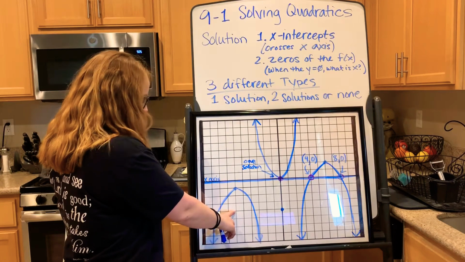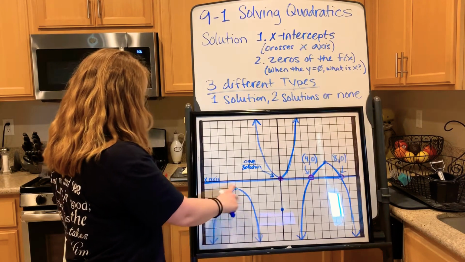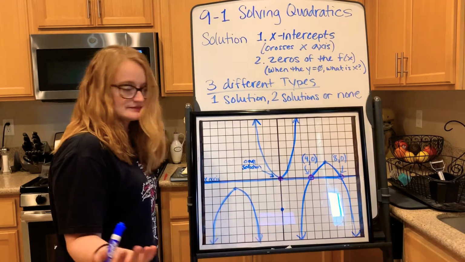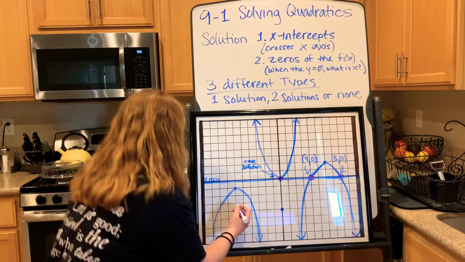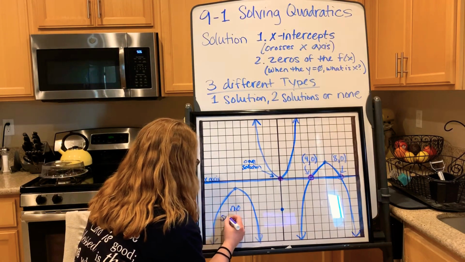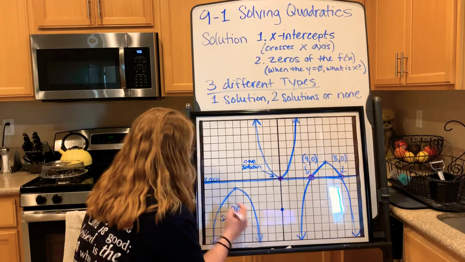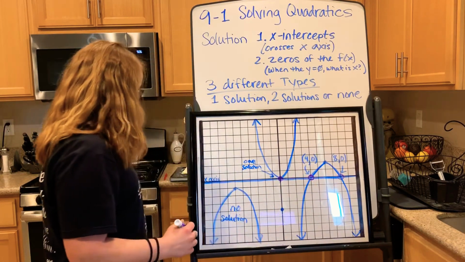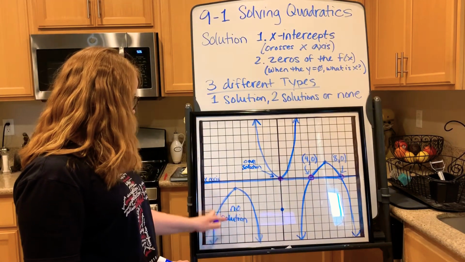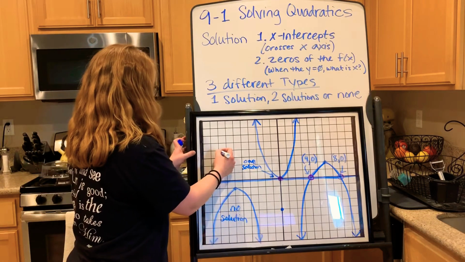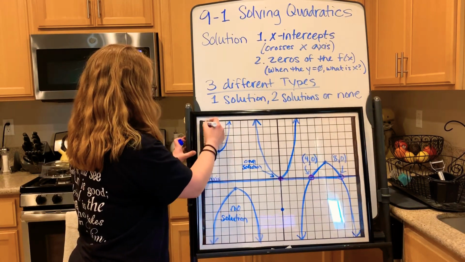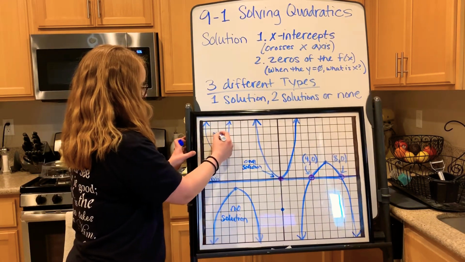This one right here, if you'll notice, doesn't cross the x-axis, right? So there is no solution, because that's what we're looking for. We're looking at where it crosses the x-axis. So if it doesn't cross it and it's either below it or even if it's above it, let's say it's up here, no solution.